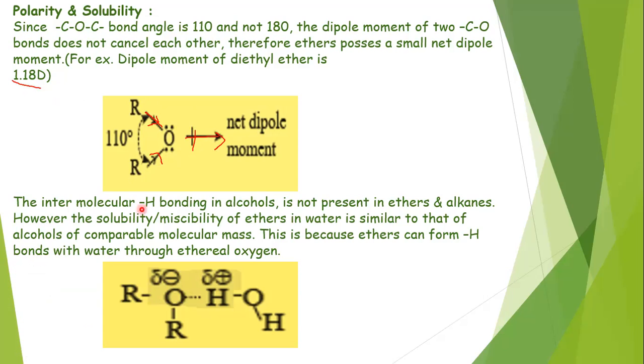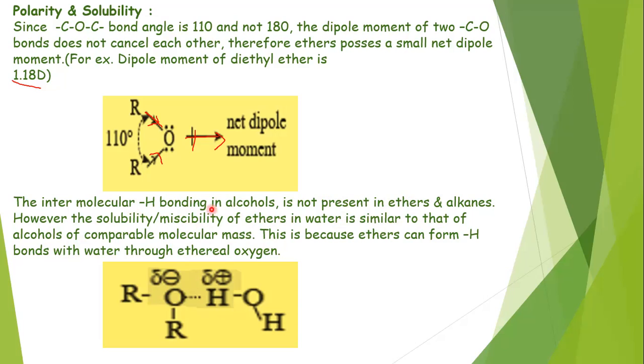The intermolecular hydrogen bonding in alcohols is not present in ethers and alkanes. We have seen in alcohols there is intermolecular hydrogen bonding which is not present in ethers and alkanes. But the solubility or miscibility of ethers in water is similar to that of alcohols of comparable molecular mass.